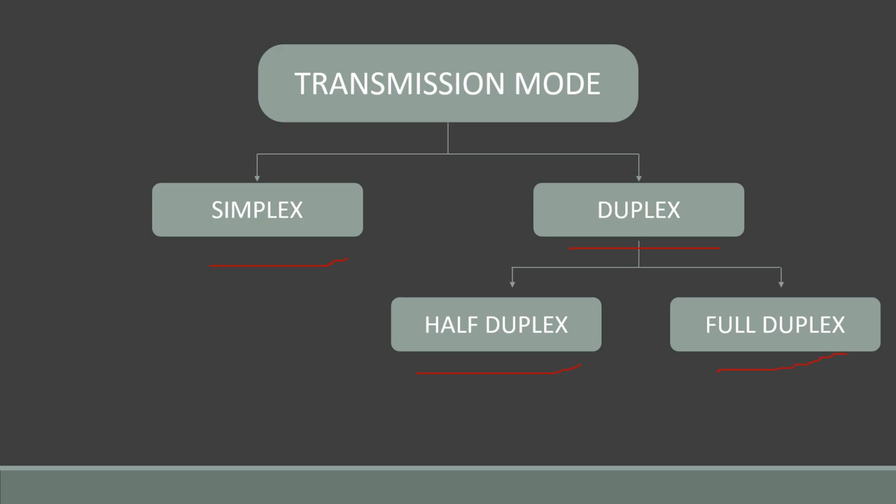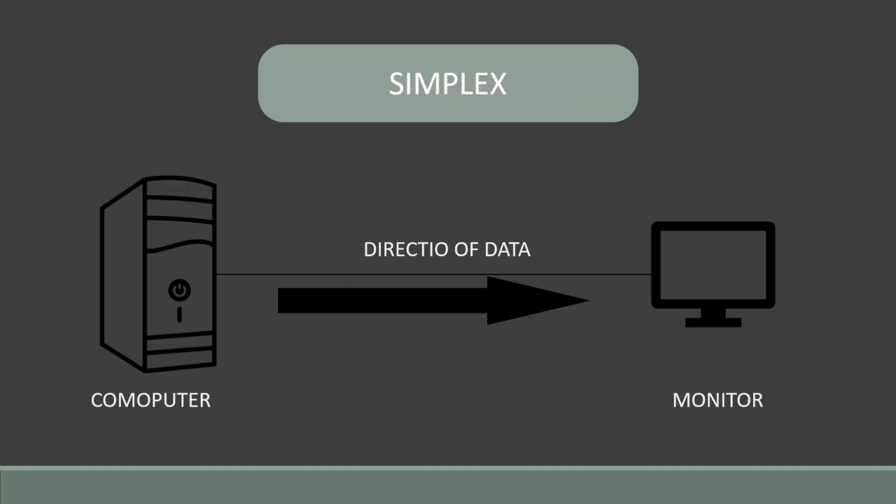So let's explain what simplex is. In simplex mode of transmission, data flow in one direction only, from the sender to the receiver. The receiver cannot send back data to the sender. As you can see here, the device which we are currently taking is computer, that is CPU, and a monitor.